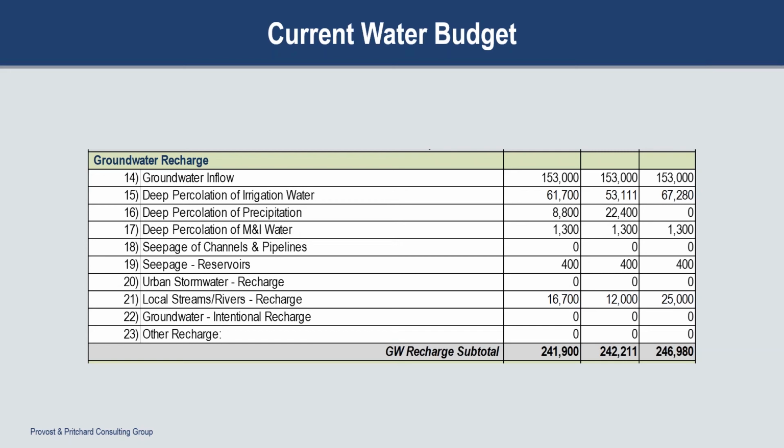So if the crops are over irrigated, that's the amount that recharges the groundwater of 61,700 acre feet. And then same thing for precipitation, the amount of precipitation that isn't used or evaporated that makes it to the groundwater is 8,800 acre feet. And then we also have local streams and rivers for recharge. We have the San Joaquin River along the northern boundary of the McMullen area GSA.